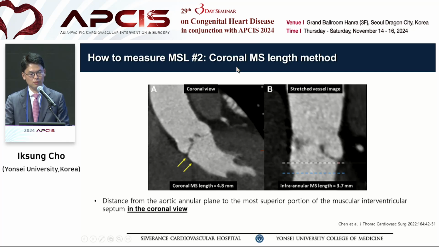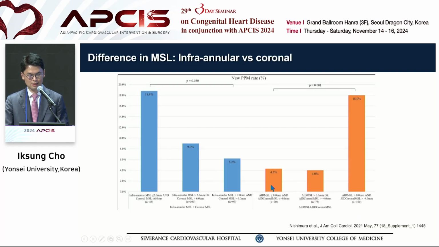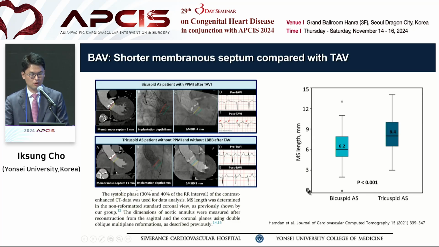The other way is using the coronal view, and usually a 6 millimeter cutoff is used. Usually the coronal view is longer, and the subannular is lesser than this value. So if the membranous septal length is less than 3 and the coronal view is less than 6, there will be a high risk of conduction abnormality.